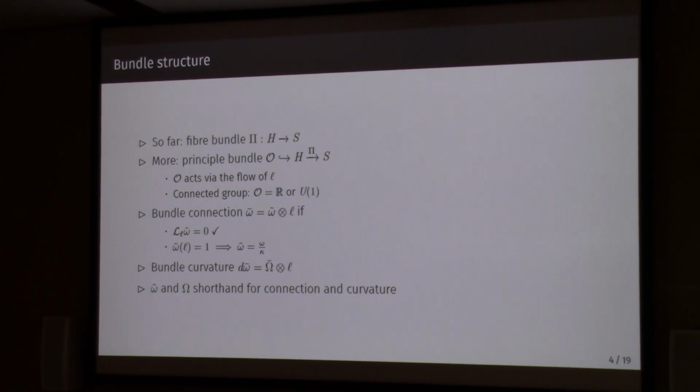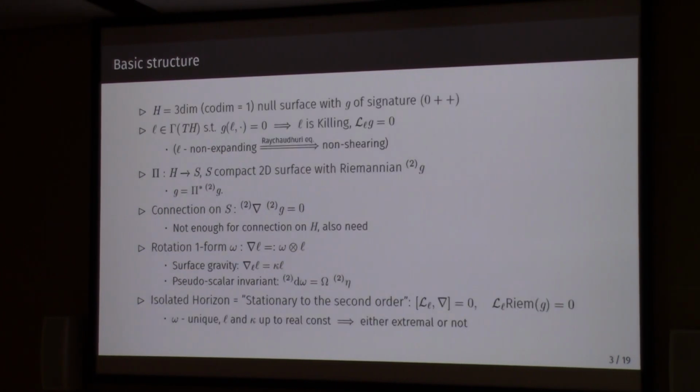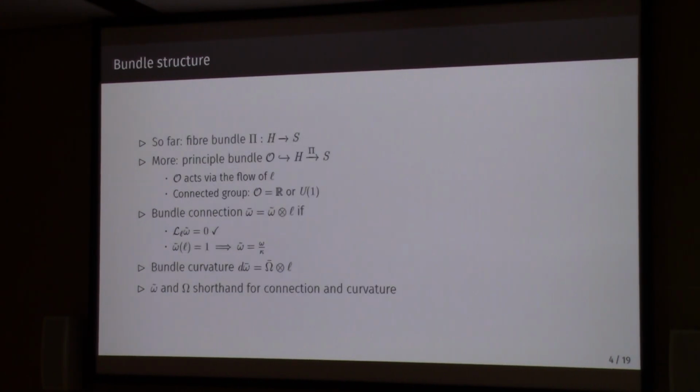And also, as we are interested in the compact orbits, we really have the case of the group R or U(1), so just a circle. The non-trivial cases are the cases with U(1). Okay, so with this you can also interpret this omega defined previously as something to do with a bundle connection.